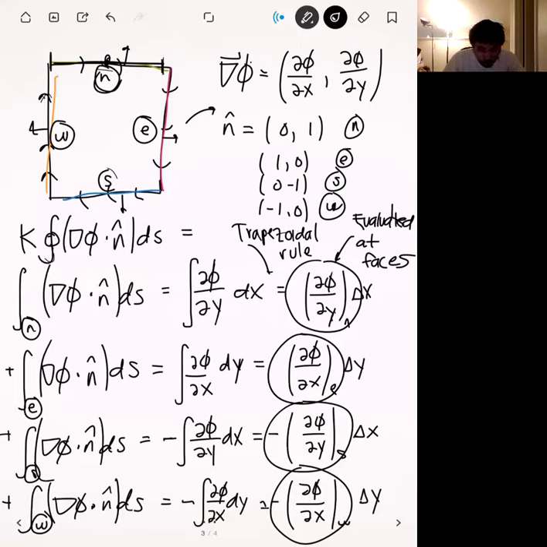And so we don't want to evaluate these at the face. What we want to do is evaluate these in terms of the centroid values of the cells. Okay. And so let's go ahead and do that on the next page.